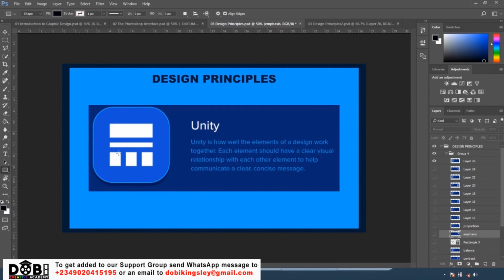None of them looks like it's not part of the design. So they're all united. You need every element in your design to fit in, and yet still stand out. In standing out, it should not look like it's not part of the design at all. Your element could actually stand out, but it's still in unison with the whole design itself.